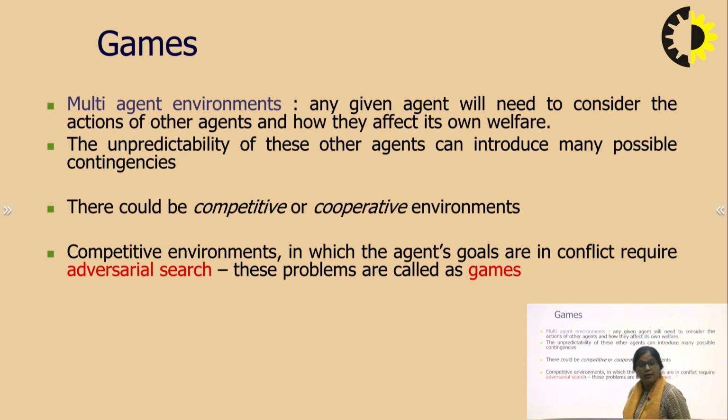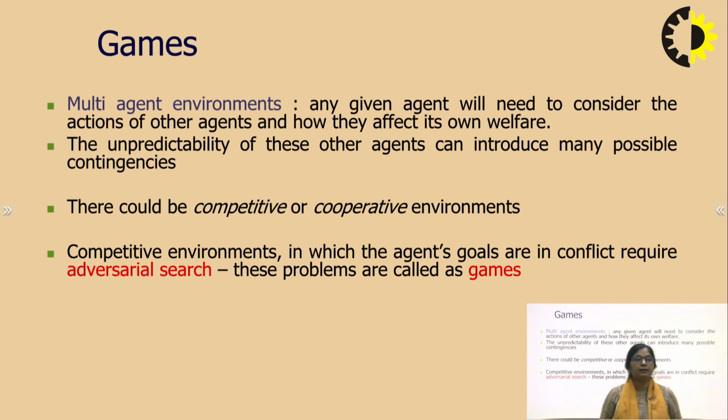When we are talking about multi-agents, they may work in competition or in cooperation. Let me say there are 2-3 robots. The robots are the agents, working in an environment and picking some box which cannot be picked by just one. That is a cooperative environment.